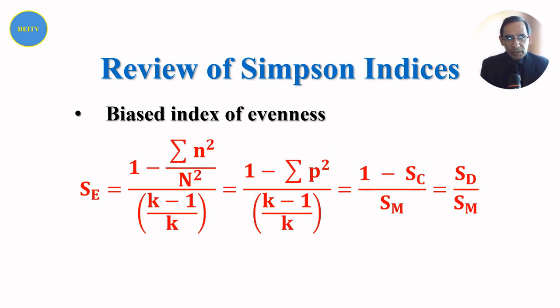Recall that there is a biased Simpson standardized or evenness score. That is obtained by dividing the Simpson diversity score by the Simpson maximum score. And recall that the maximum score is based on the number of groups or categories minus 1 divided by the number of groups. So that's represented as k minus 1 divided by k.